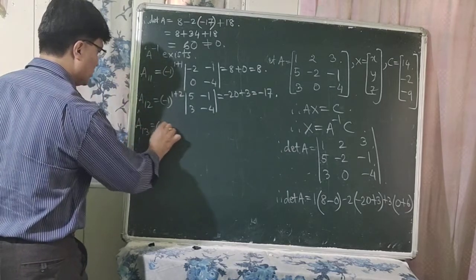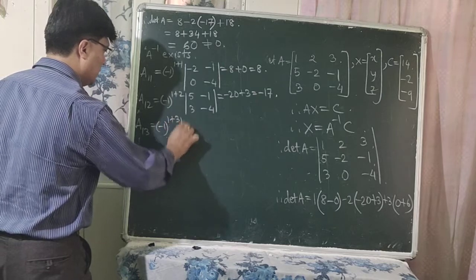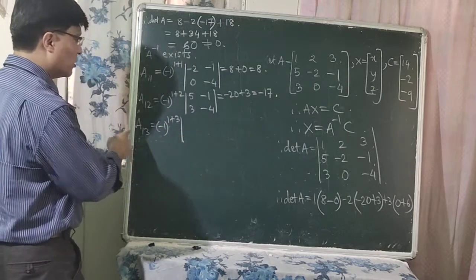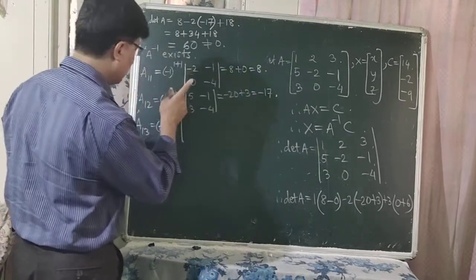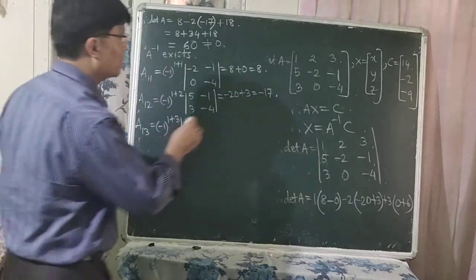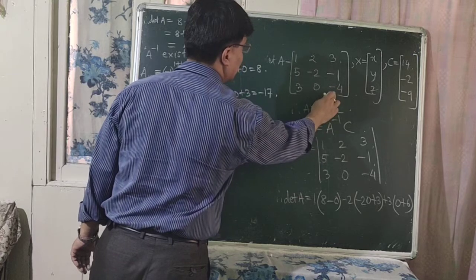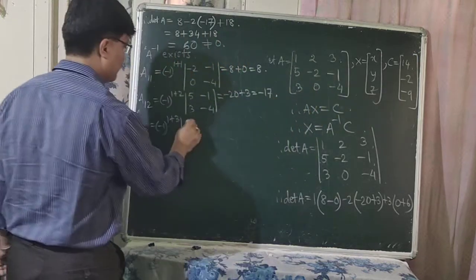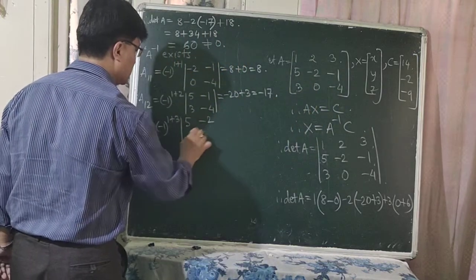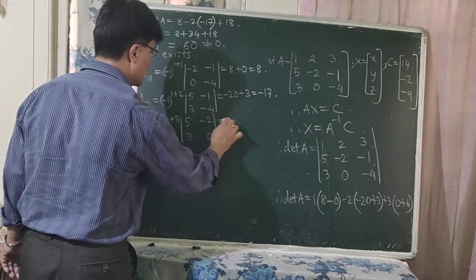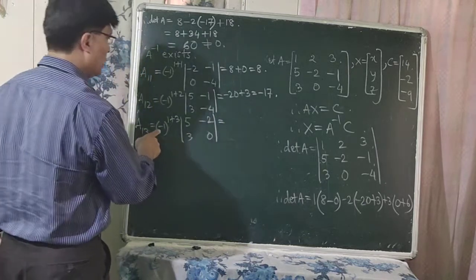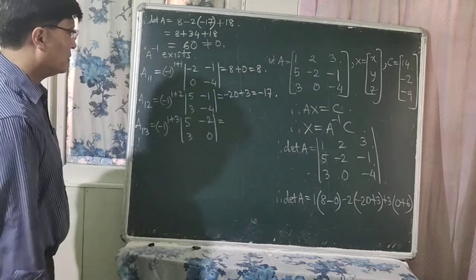Then comes A13, which is equal to minus 1 to the power 1 plus 3. Now delete the row and the column of the element, which element? First row and third column. That means first row and third column are deleted. 5, minus 2, 3, 0, which is equal to, oh, I've made a mistake here.